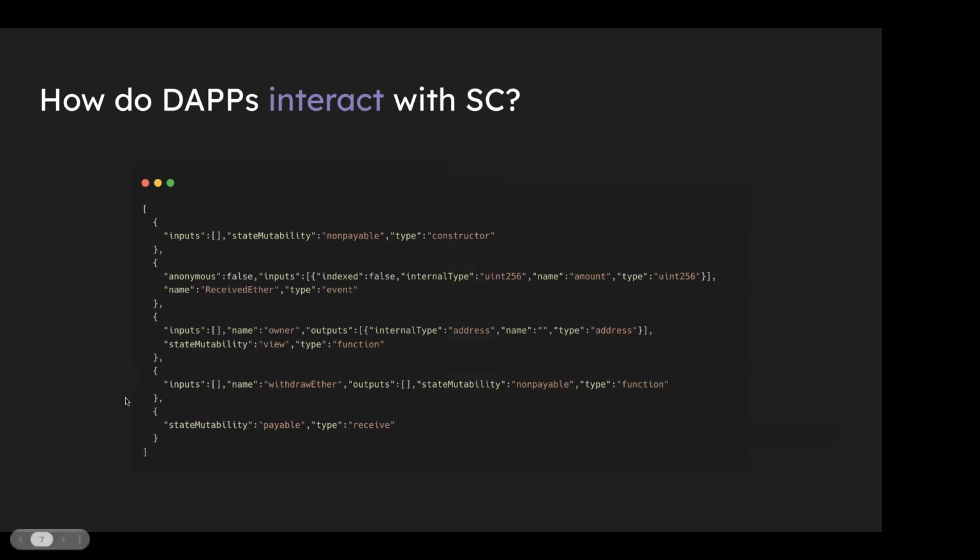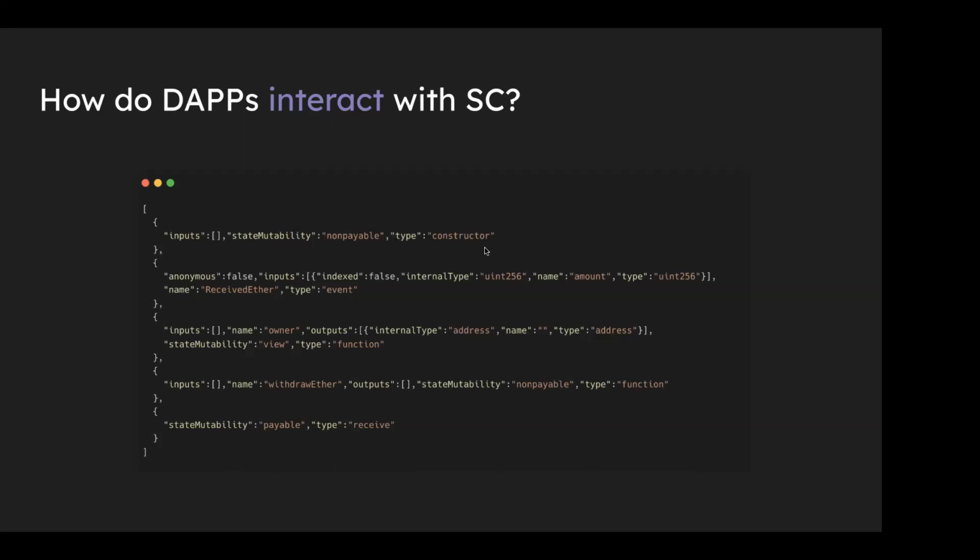The ABI of the contract from the previous slide is presented here, and let's quickly go through it. So here we have the first curly braces.